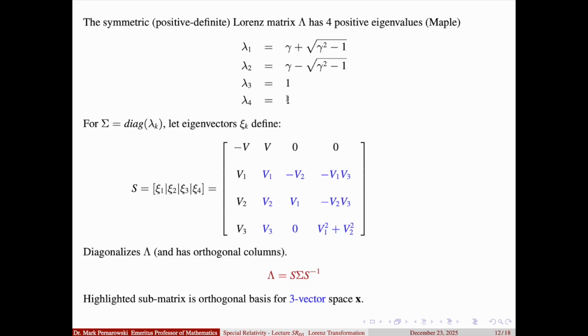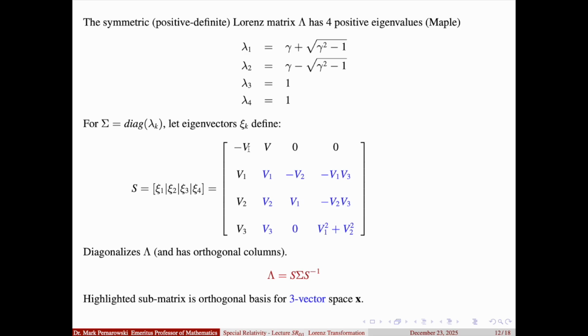Knowing these eigenvalues, it's just a bunch of algebra to figure out what the eigenvectors are. Eigenvectors are not unique, and here I present one aesthetically pleasing diagonalizing matrix comprised of columns of the eigenvectors.